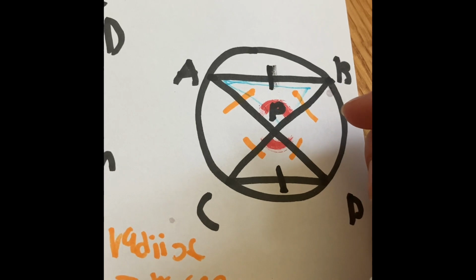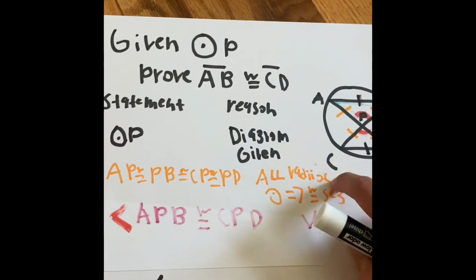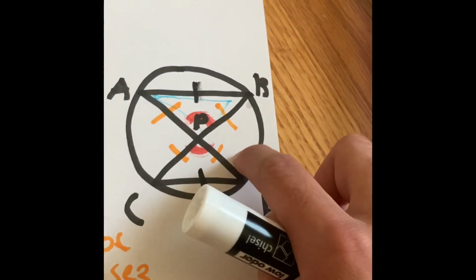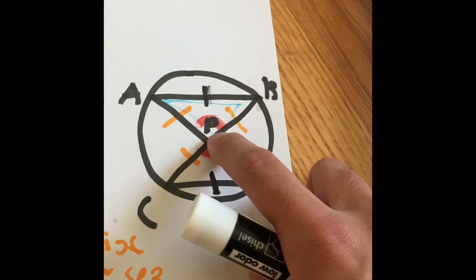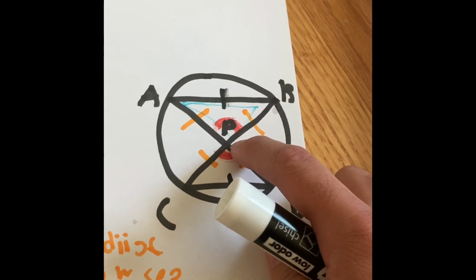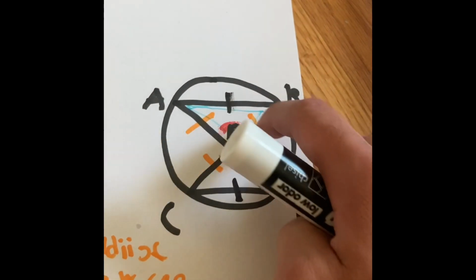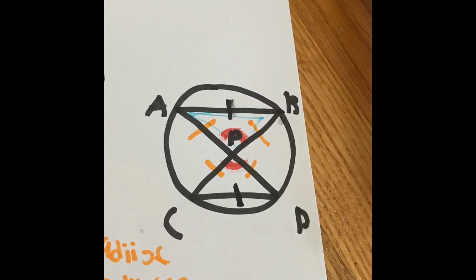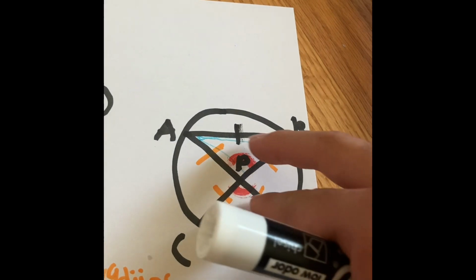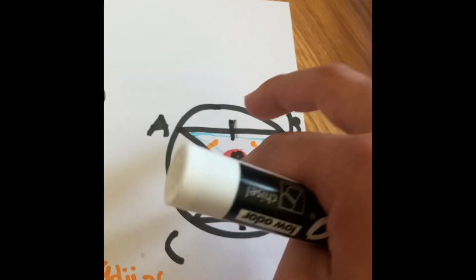So the summary is we use the radii theorem and figure out all of these are congruent. Then we found out that point P has two angles that are vertical angles. Then we found the parts to make up congruent triangles. Since we have two triangles, we can understand that they are congruent.